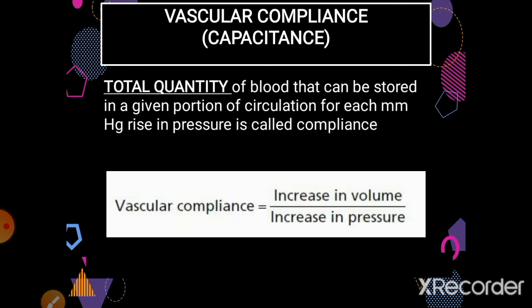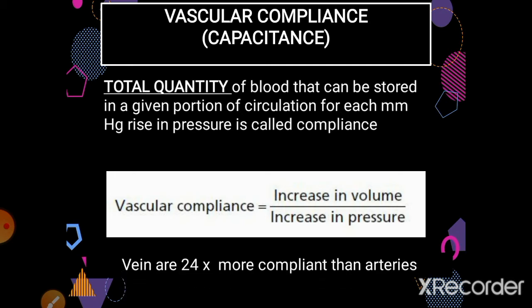The formula for vascular compliance is increase in volume divided by increase in pressure. Veins are 24 times more compliant than arteries, which means veins can hold 24 times more blood as compared to the arteries. Two types of compliances can be seen in blood vessels: early compliance and delayed compliance.